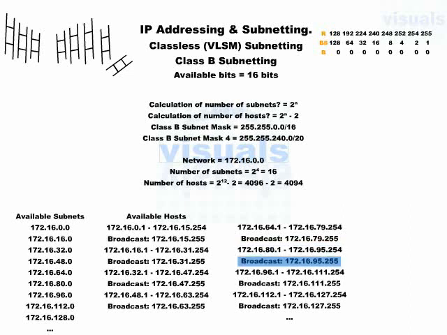Broadcast address is 172.16.95.255. Next subnetwork is 172.16.96.0. The valid address range starts from 172.16.96.1 to .111.254. Broadcast address for this network is 172.16.111.255.